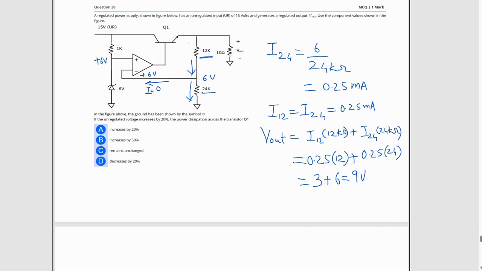The voltage here is going to be 9 volt, and input is unregulated and it's 15 volt. They are saying that the voltage increases by 20%. So when VI is 15, Vout is 9.